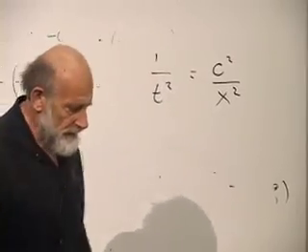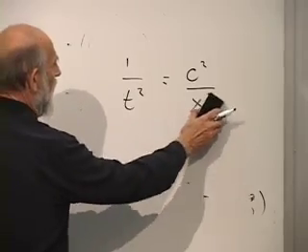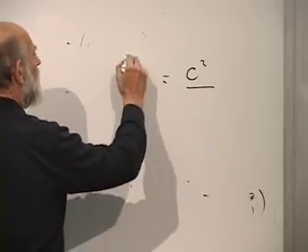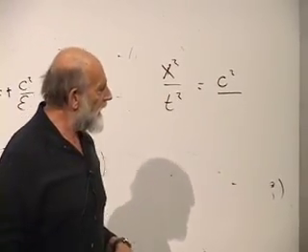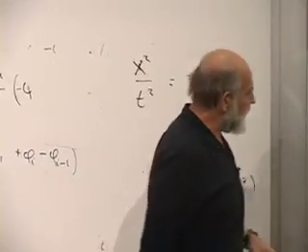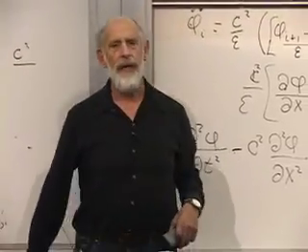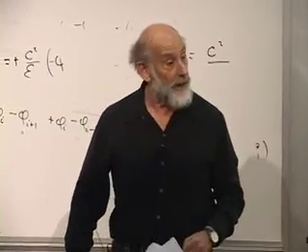All right, so it appears then that whatever c is, it has dimensions of x over t. I think that's velocity, isn't it? I think I got it right. Yeah, you did. I did. Yeah. So c is the velocity of propagation of the waves up and down this string.